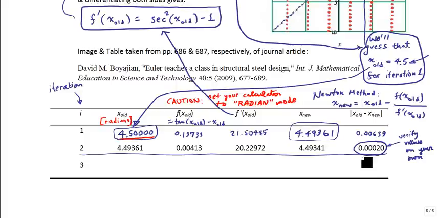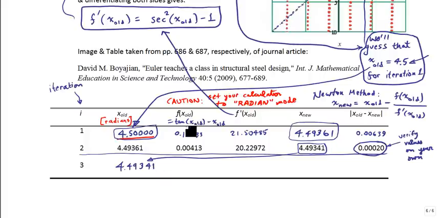But let's go ahead and do one more iteration out to 5 decimal places. So now the x new value becomes our x old value in our third iteration. So this is 4.49341.